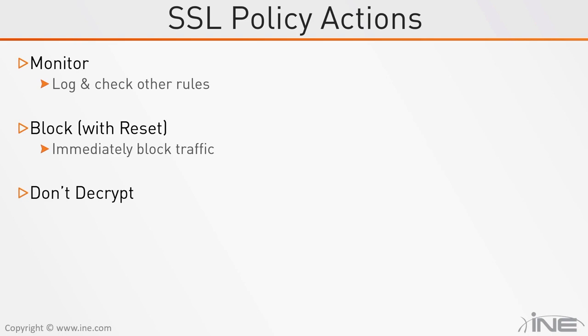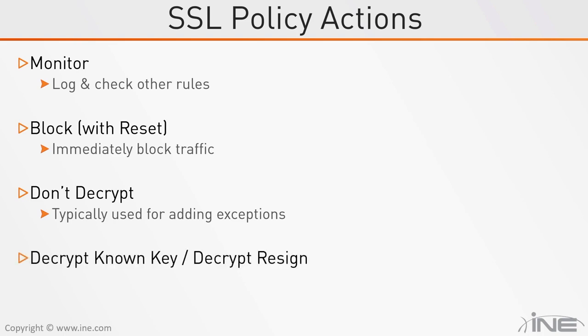We can use don't decrypt, which is something that you would normally use to add exceptions to your SSL policy. Because in most cases, most of the rules in the SSL policy will be configured for decryption. That's the main application of SSL policy. Well, in some cases, you will also want to block traffic, like when it goes to encrypted malware websites.